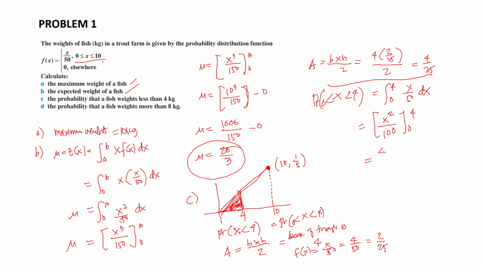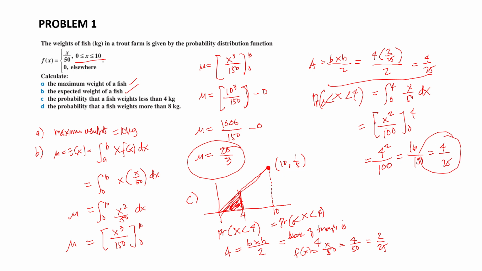So we have 4 squared over 100, which is 16 over 100, equal to 4 over 25.